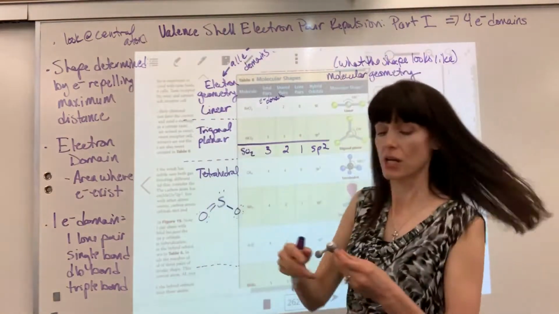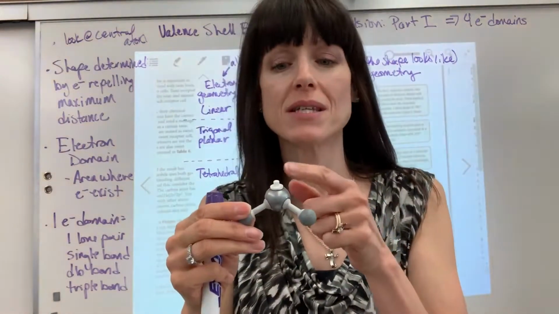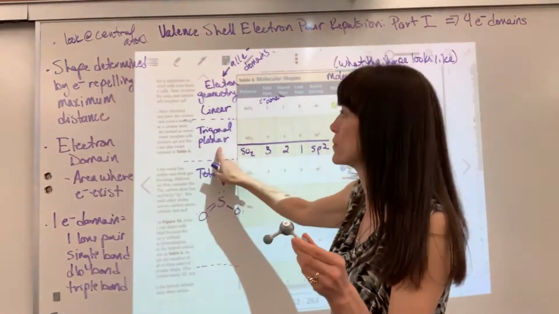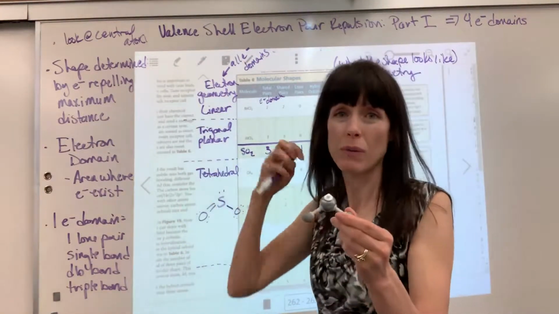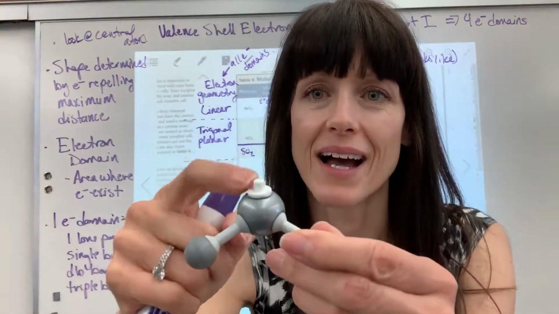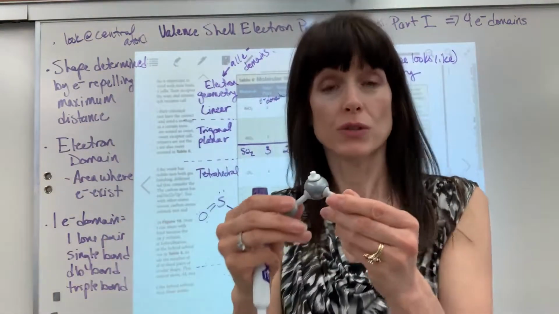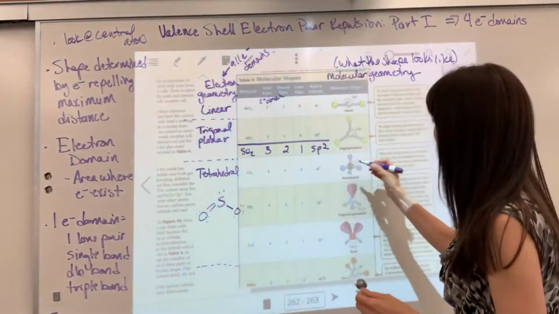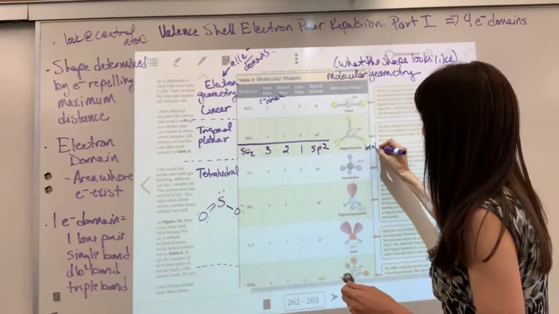So the electron geometry is still going to be based off 1, 2, 3 electron domains. Electron geometry is still trigonal planar. But remember, I can't see those lone pairs. So the shape right here, all we see is this part down here. The shape is actually called bent on this.